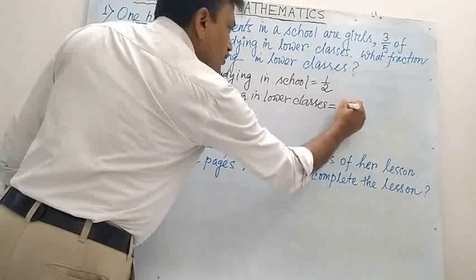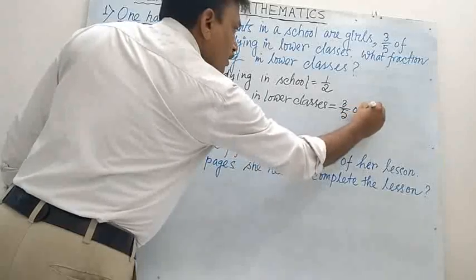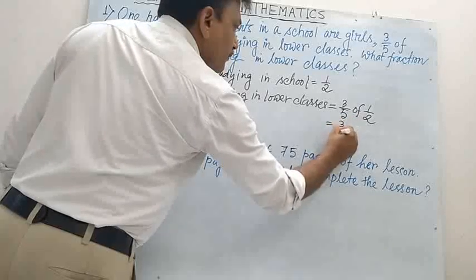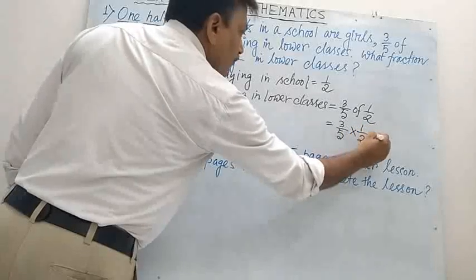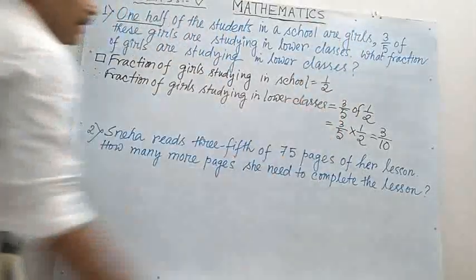That is 3/5 of half. 3/5 of means multiply, half equals 3/10.